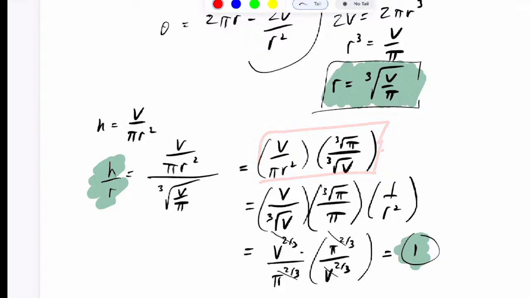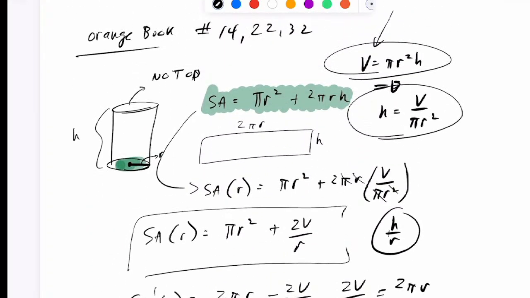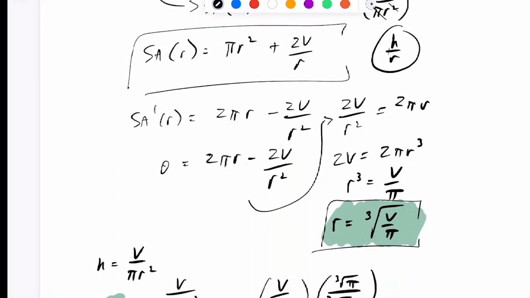I simplified it a bit, and then I substituted this into here for my r squared. And when you do all your math, everything cancels. You end up getting 1. So that's 14. I won't ask 14 on the test. We didn't spend enough time with the ratio questions, but that's how you do it.